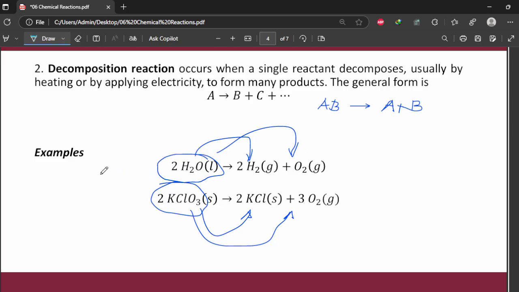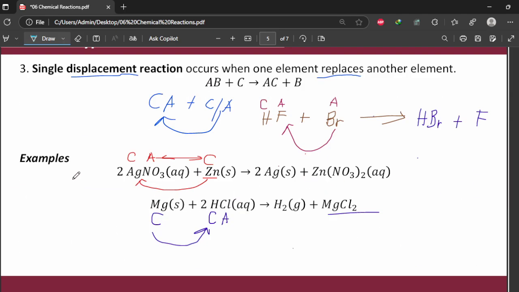Kaya siya decomposition, no? And then for single displacement, it's about replacing one of either the cation or the anion in the compound. So for single displacement, ang tatandaan mo, meron kang compound and meron kang element or atom. So cation replaces cation, an ion replaces an ion. So that is single displacement.